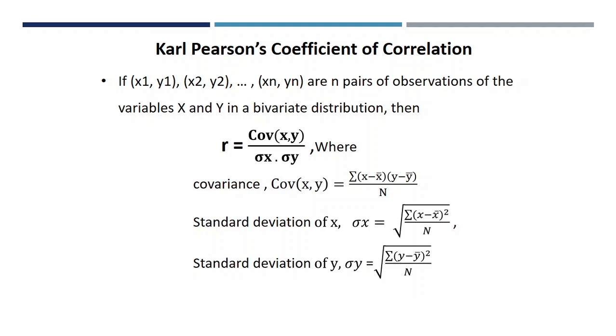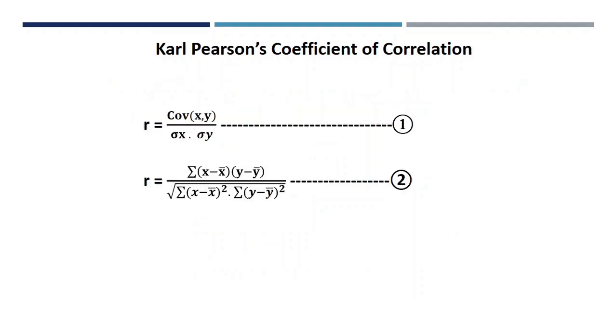By substituting the values of these equations of covariance and standard deviations, we can have other variations of the equation. Substituting the formulas for covariance and standard deviation, we will get r is equal to summation of (x minus x bar) into (y minus y bar) divided by square root of summation of (x minus x bar) square into summation of (y minus y bar) square.